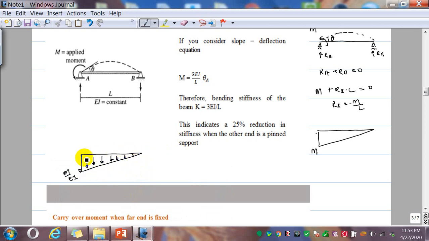If you draw the conjugate beam, this support remains a pin, with the reaction RA, so RA is M over L. Here it is a pin again, and the M over EI acts like a load.